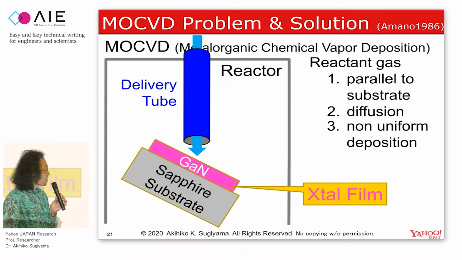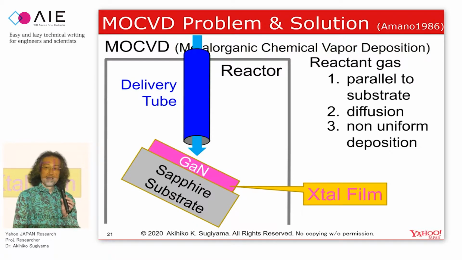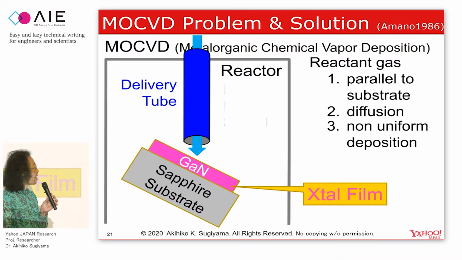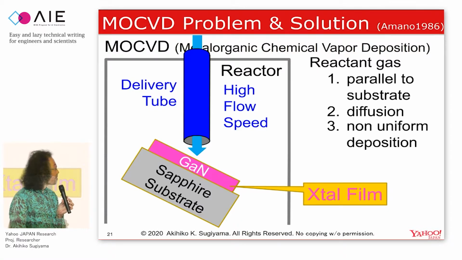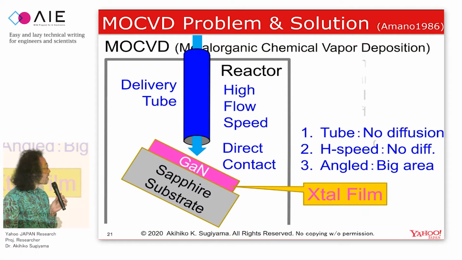So Professor Amano further introduced a slanted position of the sapphire substrate at a high flow speed. So there is a direct contact of the reactant gas with the sapphire substrate.